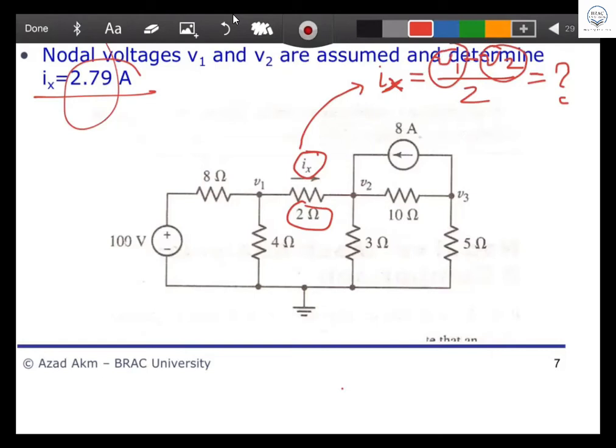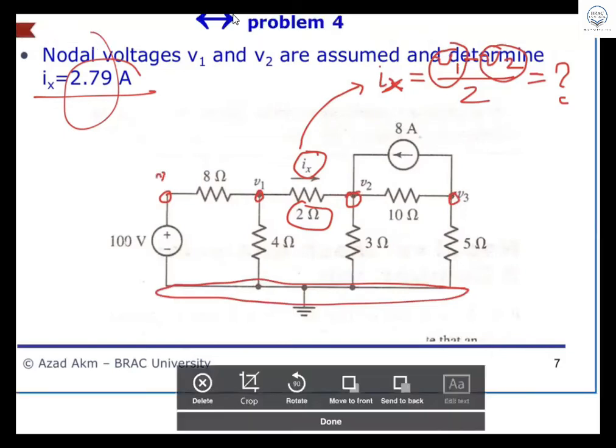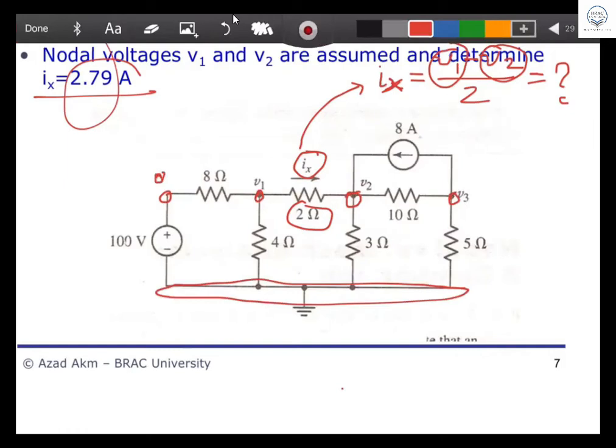There are 5 nodes, because one node is here, another here, another here, another here, and the 5th node is here, which is the ground reference node. Let's say this is node 0, so 0, 1, 2, 3, 4. So it's a 5 node circuit.